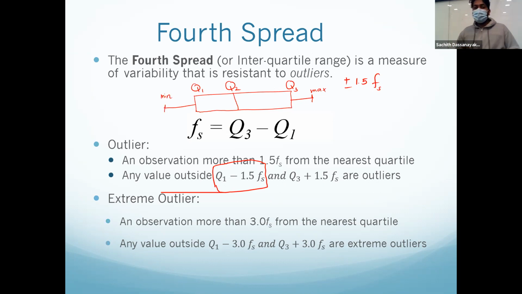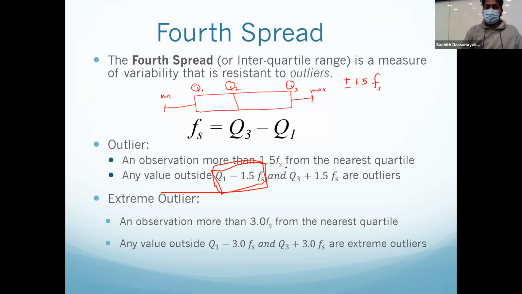So I don't know where, but definitely this value is less than Q1, right? It is subtracting something from Q1. So Q1 is here, and this calculated value is somewhere here.